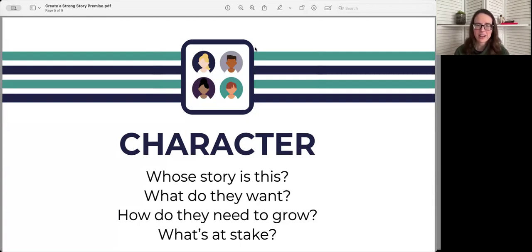And whether or not the character is going to achieve their goals, or how they handle that internal arc, often impacts whether we are telling a story with a happy ending or perhaps a tragedy. But there does need to be some form of change in the character from the beginning to the end of the book for most forms of fiction.